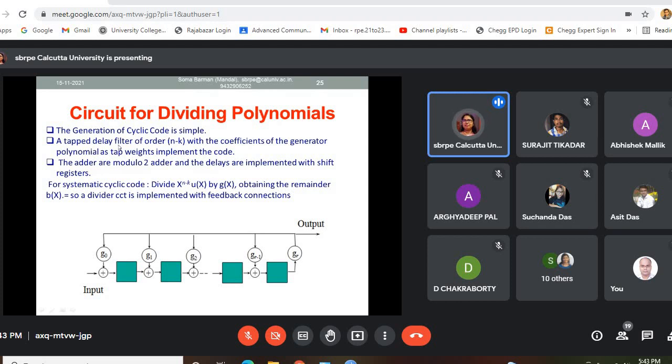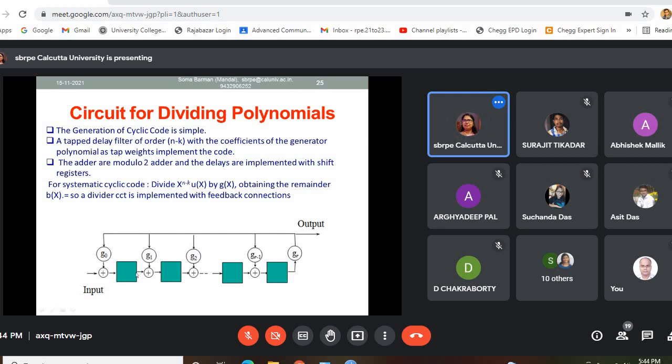A tap delay filter of order n minus k, with the coefficients of the generator polynomial as tap weights, implements the code. These are your tap weights, and a tap weight is either 1 or 0. If it is 1, the connection exists. If it is 0, the connection does not exist.